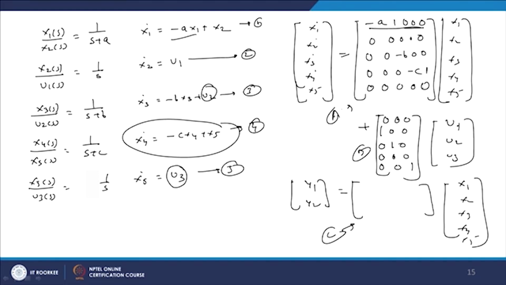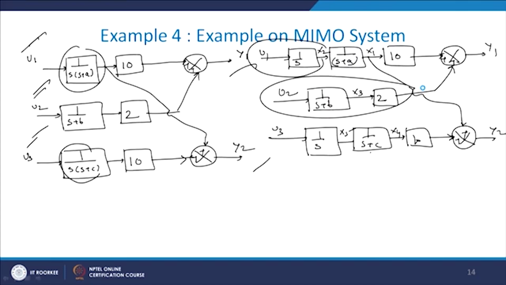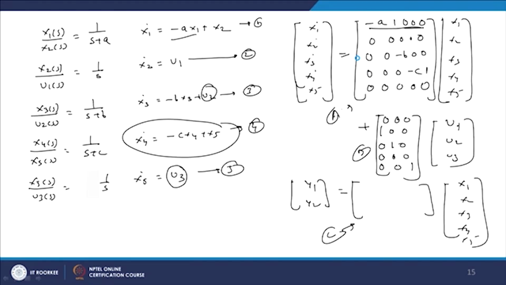Now coming to the outputs y1 and y2. You will see that y1 equals 10 x1 plus x3, then y2 corresponds to x1 and x4. So, we write down the equations for y1 and y2.